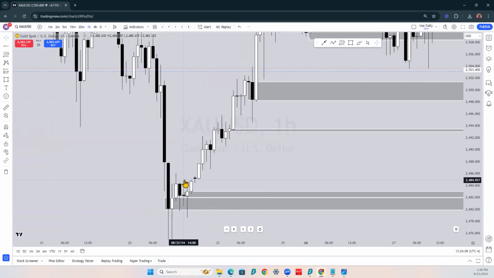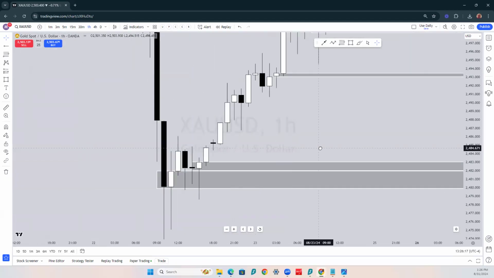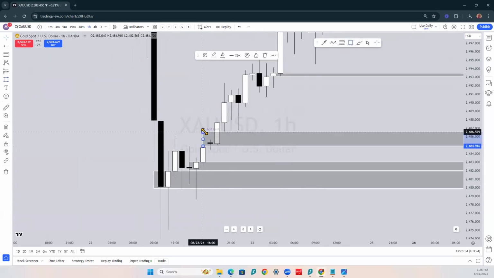Okay, yes, there is a gap right here. Let me make it bigger for you to see it. You see this candle here? It has this wick on top. Okay, and then this candle here didn't come all the way down to touch that wick. So we consider that a gap right there.